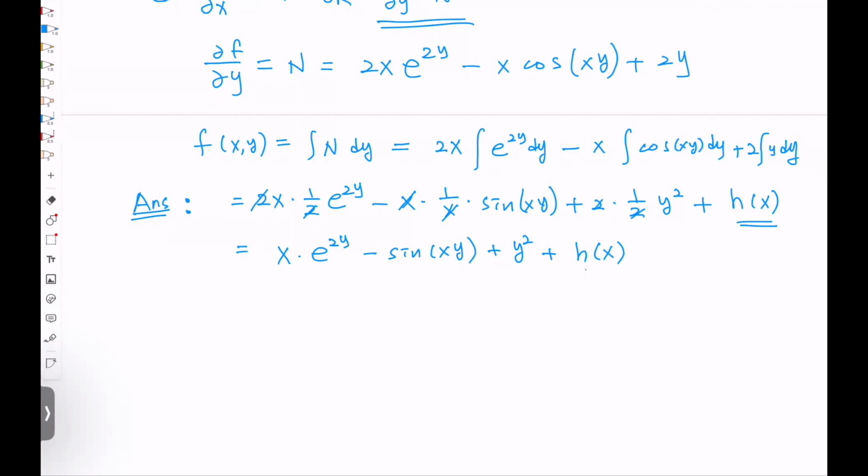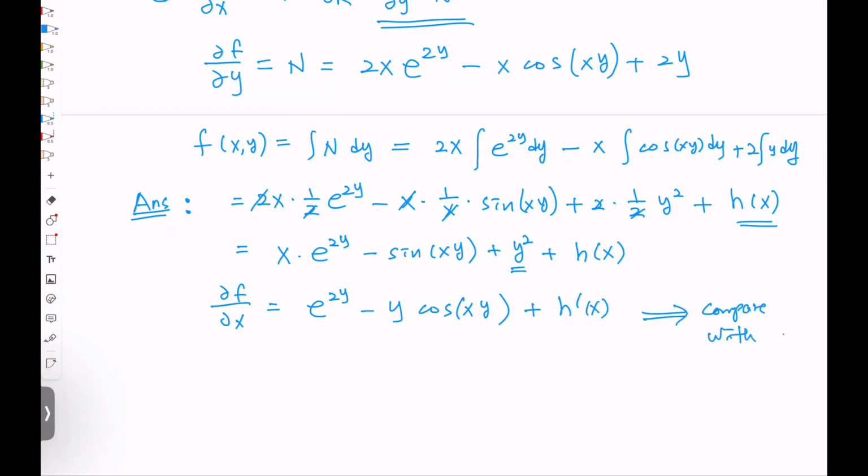Now to find h of x, we need to take the partial derivative of this in terms of x. Then we have e to the 2y and minus y cosine xy. And this term is just a constant, so it's going to disappear, or 0, and plus h prime of x. Now we need to compare this with M, and we have M as e to the 2y minus y cosine xy.